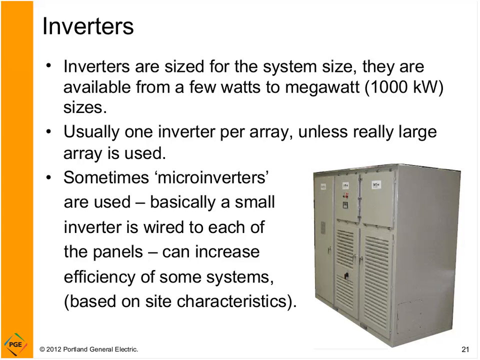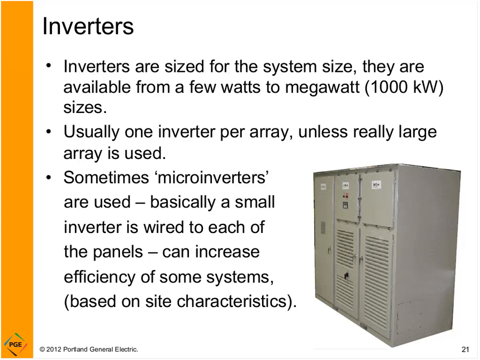That's because it's just more cost effective that way. That really holds pretty much true unless you start getting a system that's so big that you can't get a single inverter to handle that amount, or your system is spread out over such a big geography that you don't want to run a lot of wires around, so you say, well, I'll put in 4 inverters instead of just one big one.